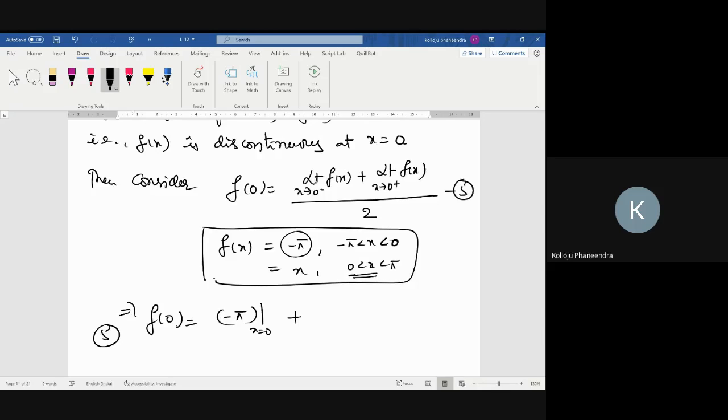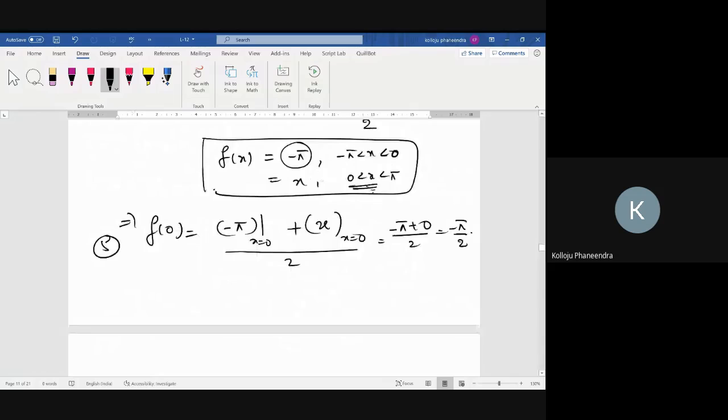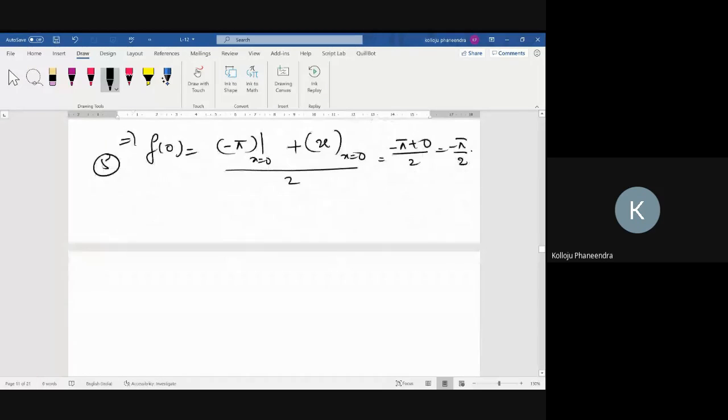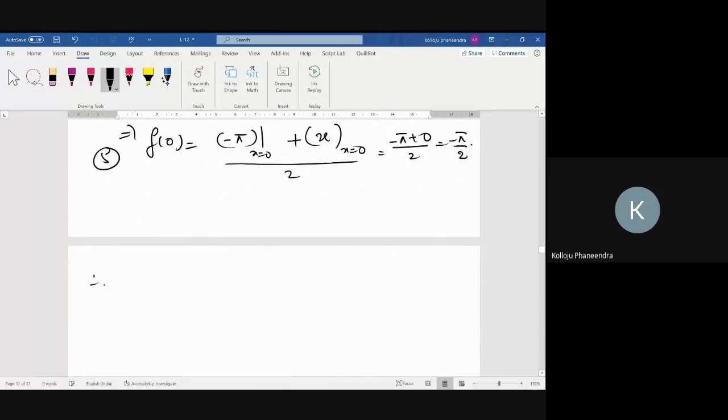When x is greater than 0, x tends to 0 plus, its value is x, at x equal to 0, by 2. Remember, I have to take the limit values, then put x equal to 0. That's important. So minus pi plus 0 by 2, the value is minus pi by 2. The f of 0 value is minus pi by 2.